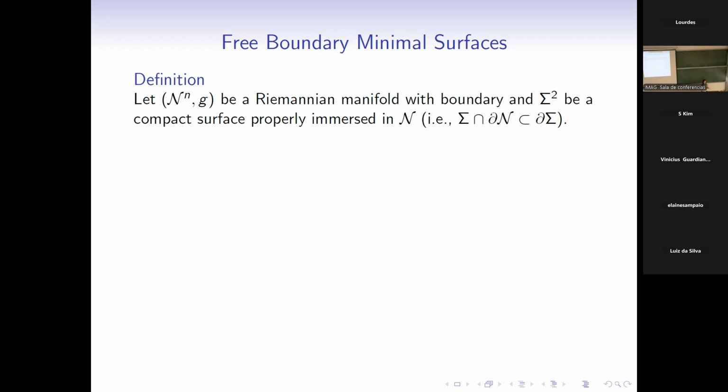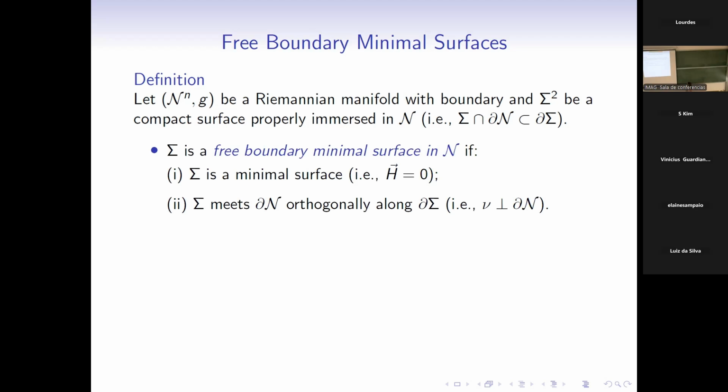That means that when you look at the intersection of your surface with the boundary of the ambient space, you only see boundary points. So we say that sigma is a free boundary minimal surface in your ambient space if it's minimal in the usual sense, so mean curvature vanishes, and second, the surface meets the boundary of the ambient space at a 90-degree angle. So the conormal along the boundary of your surface is orthogonal to the boundary of the ambient space.